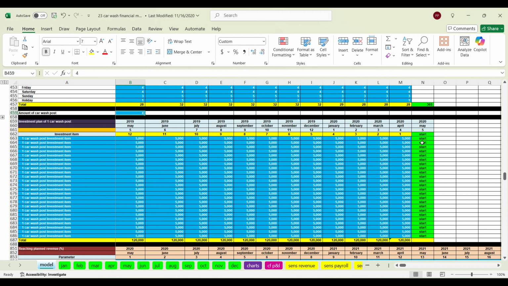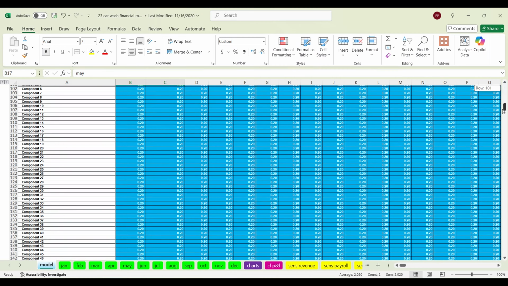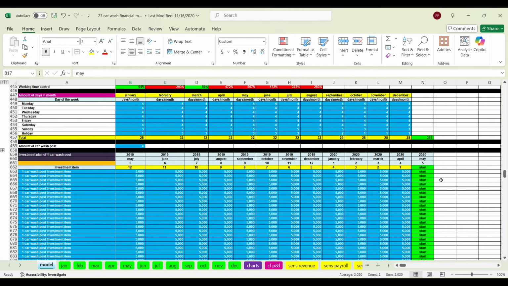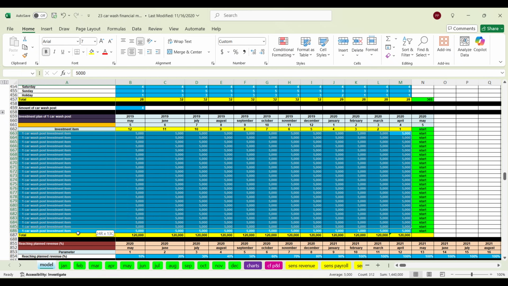So here in this green column it's showing us when we start getting the first revenues. So May 2020, if we go up, so we have May 2020. Let's go back. So here we have May 2020, and then backwards we have the investment plan for 1 post.